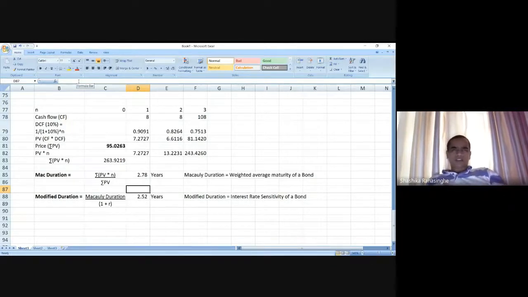So I'll give you 4 options. First one is duration can be more than maturity. Second one, duration can never be more than maturity. Third one, there is no relationship between duration and maturity.